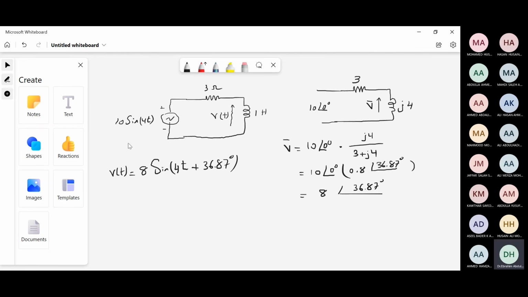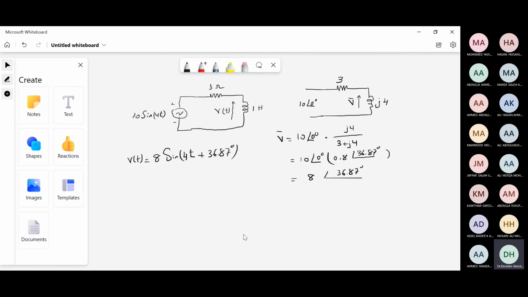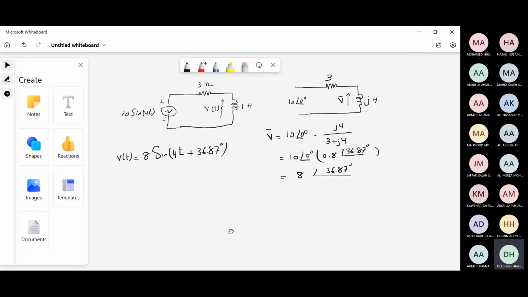If we change this voltage to, for example, so let me redraw it here again.